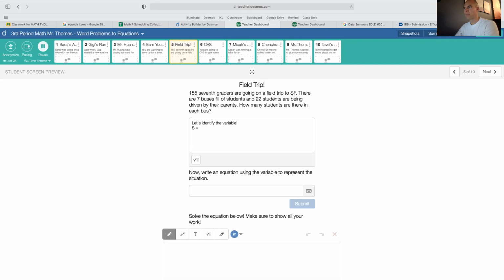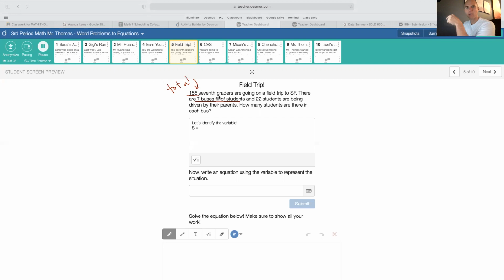Okay, so let me kind of get all the information we got here. Okay, so this is important, right? There's 155 students total, it looks like. So I'm gonna just kind of mark this. That's my total. And then here's another piece of important information right here. 7 buses full of students.